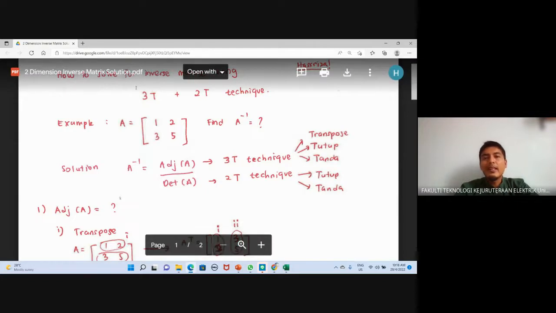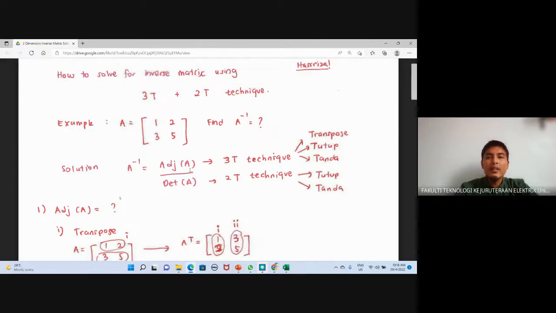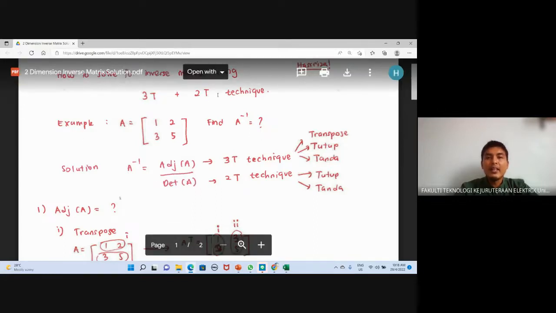To calculate the adjoint, you remember the 3T technique. To obtain the determinant of A, you need to remember the 2T technique.